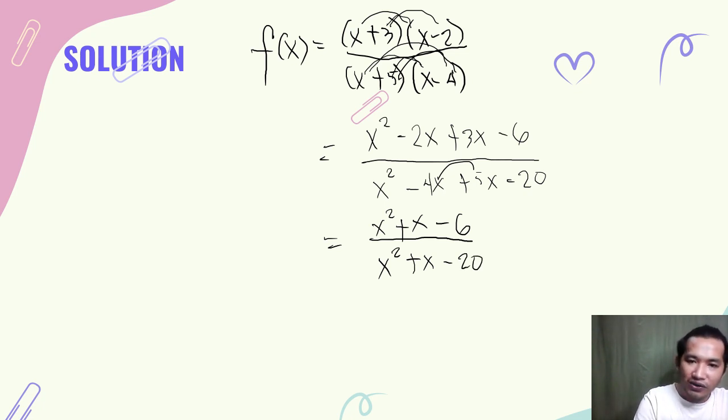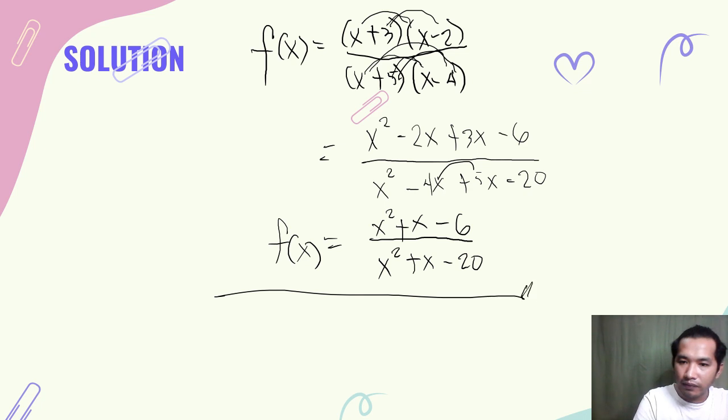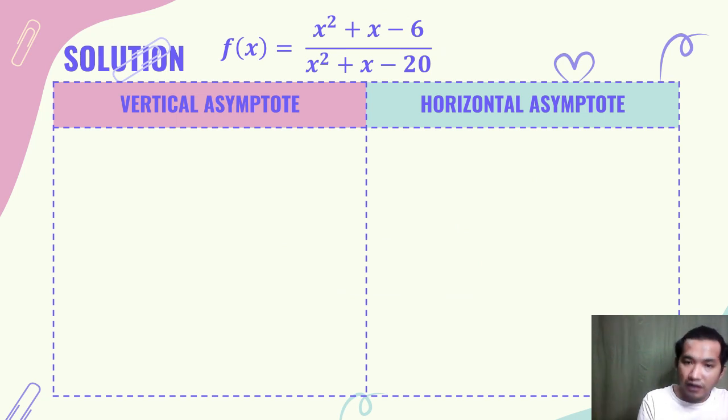Can it be simplified further? No. So, that is our new function. So, let's make use of our new function. That is, f of x is equal to x squared plus x minus 6 all over x squared plus x minus 20.